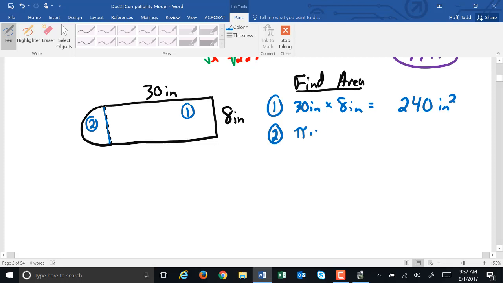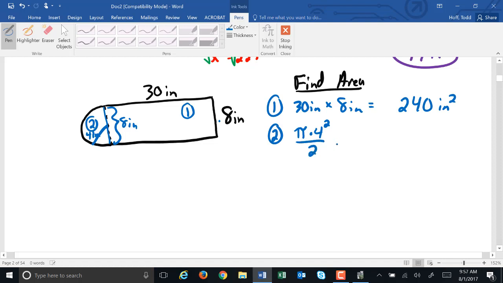Well, pi times diameter would be circumference. Pi times radius times 2 would also give you the circumference. So it's pi times radius squared. Where did the 4 come from there? Yes. If it's 8 over here, it's also 8 here, which would be the diameter. So the radius would be 4 inches.